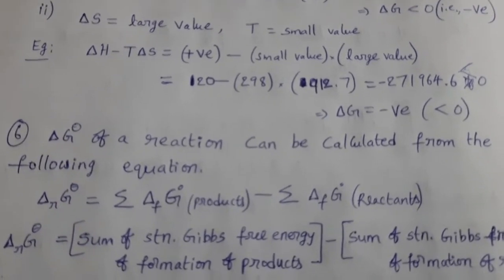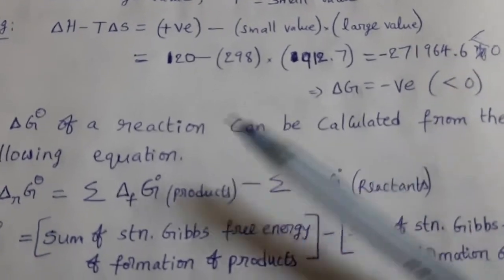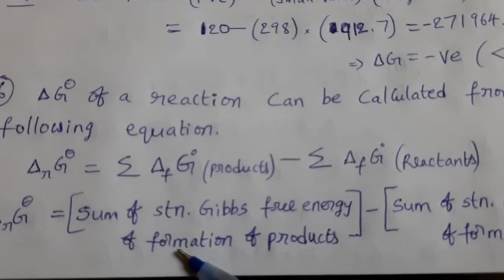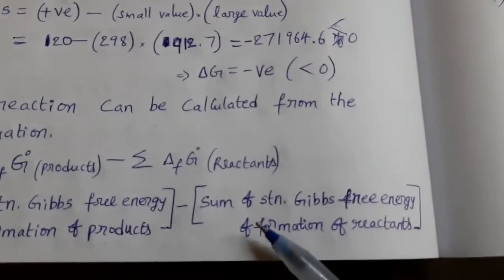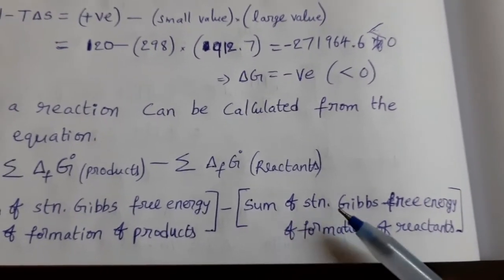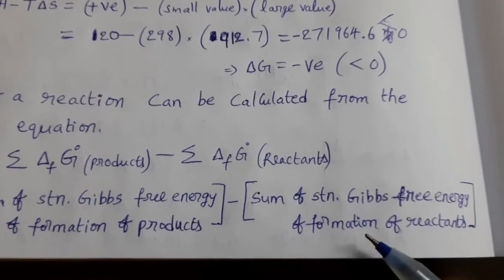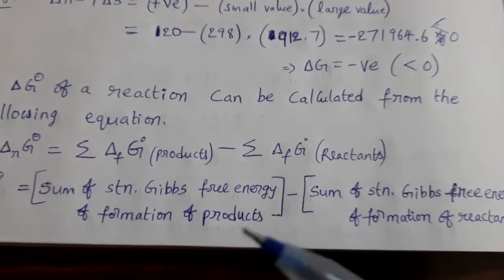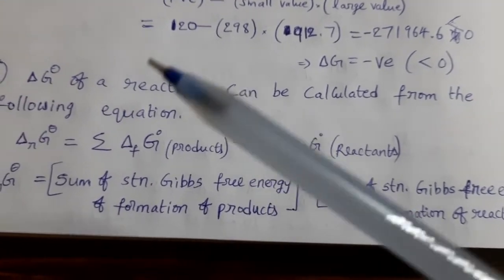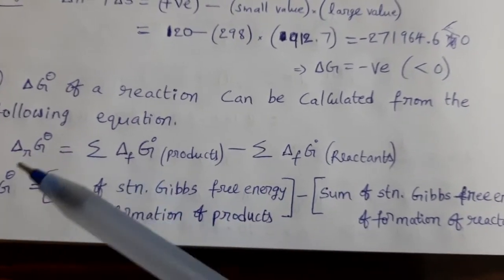Here also delta f G naught means standard Gibbs free energy of formation of products minus sum of standard Gibbs free energy of formation of reactants. By using this formula, we can calculate the standard Gibbs energy of the reaction, delta r G naught.